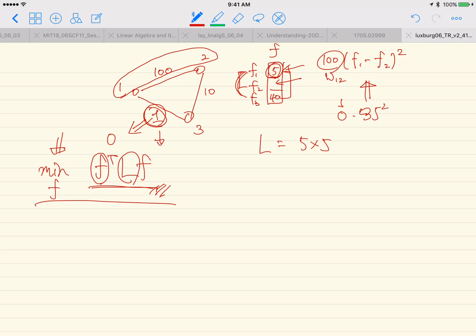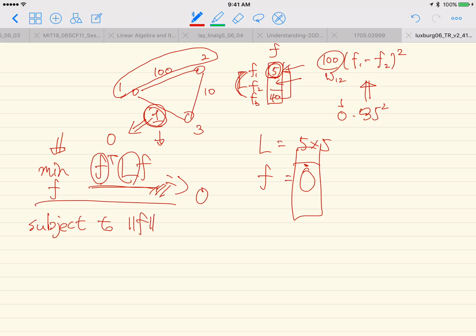If we do not impose any constraint, this problem may become really trivial, because if f is a zero vector, with all zero elements, then we can trivially make the value zero. So here we have a constraint, so that the 2-norm of the vector f remains 1.